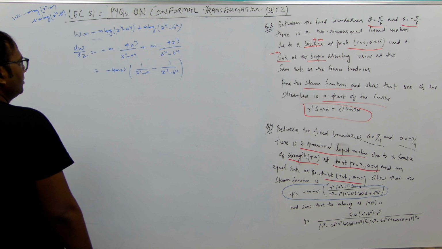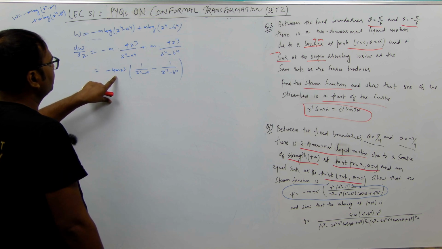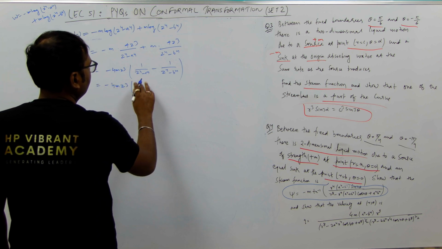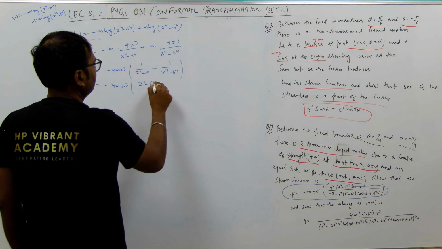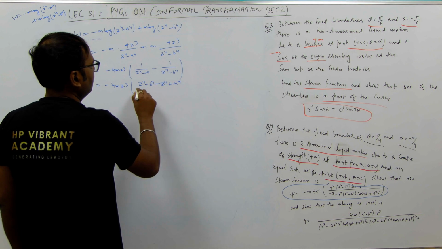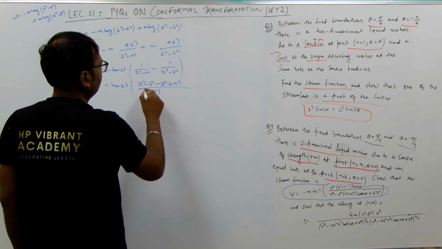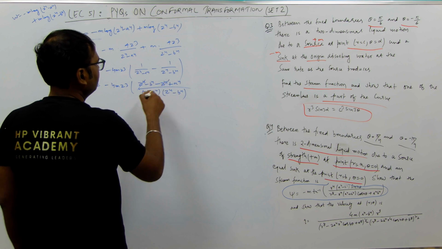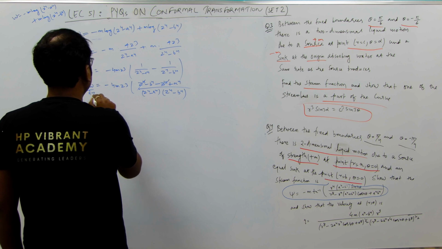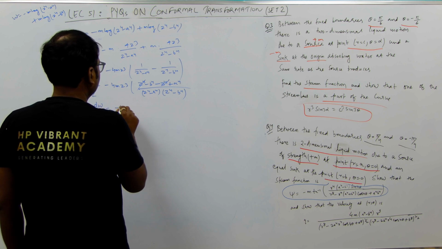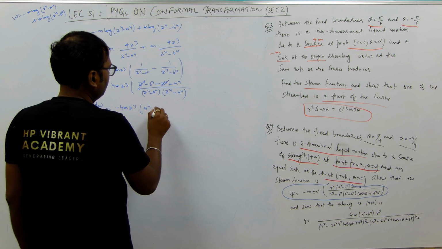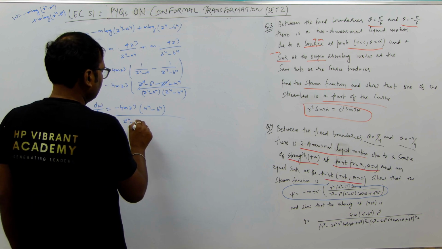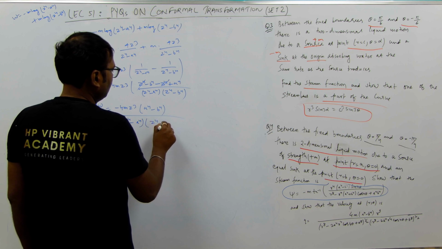Okay, so this gets cancelled. So dW/dz is equal to -4m z^3 (a^4 - b^4) upon (z^4 - a^4)(z^4 - b^4).